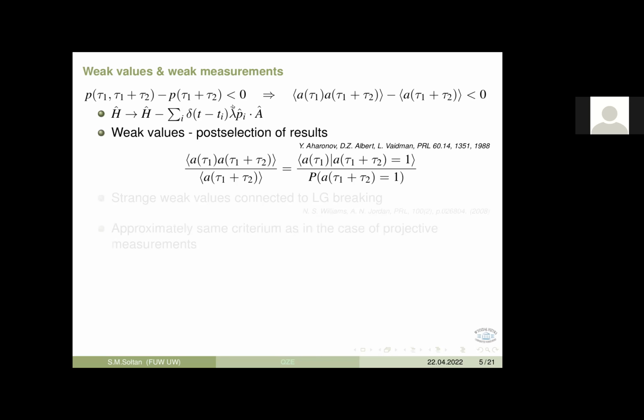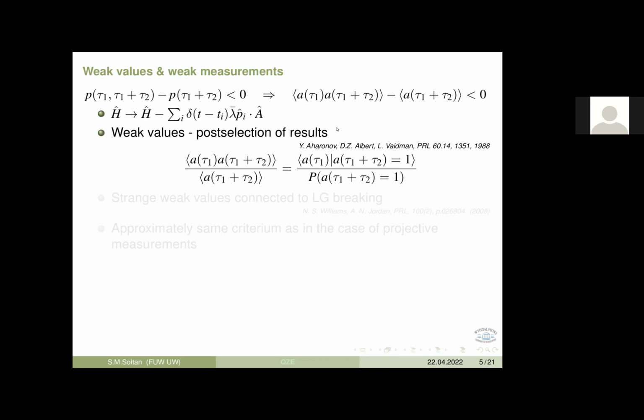So we perform the weak measurement, and then after some time we perform the post-selection of results based on the state the system was in. The interesting fact about these weak values is that if we treat them as the measurement of the observable A, then they could have the so-called strange weak values, values that exceed the range of eigenvalues of the operator A.